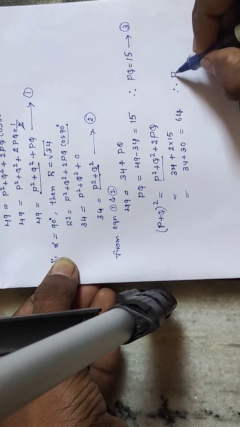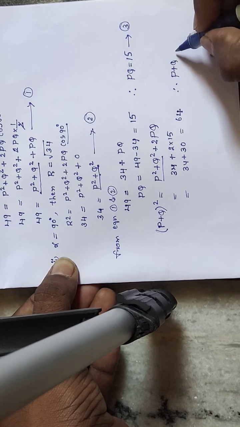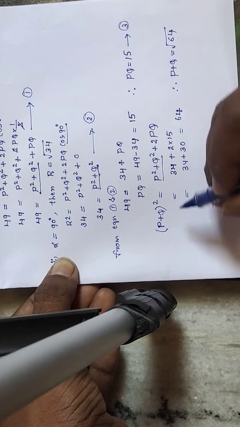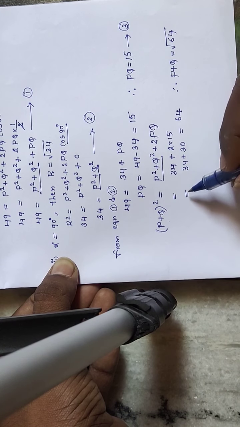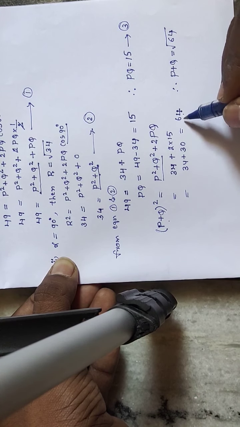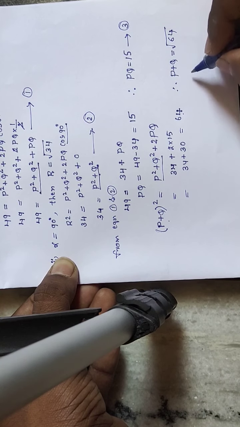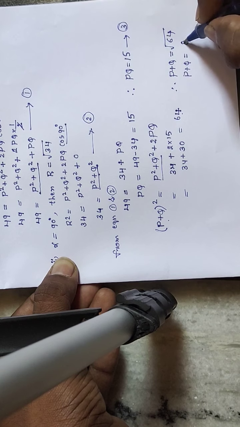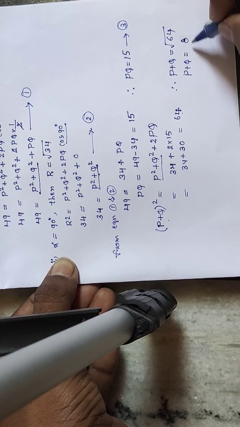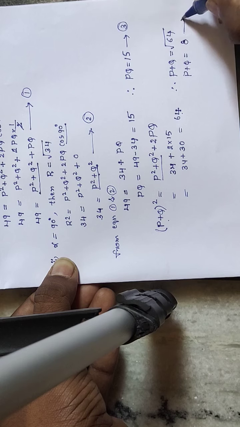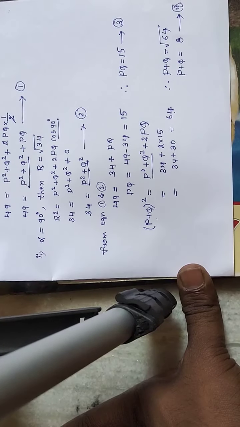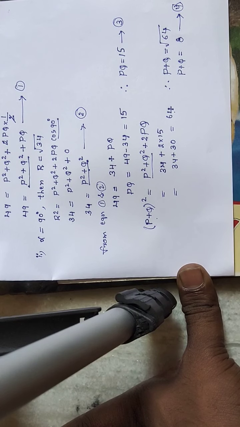So therefore p plus q equal to root 64. (p plus q) whole square equal to 64, then p plus q will become root 64. That means p plus q equal to 8. So give a name as the fourth equation. So we got one equation, p plus q equal to 8.